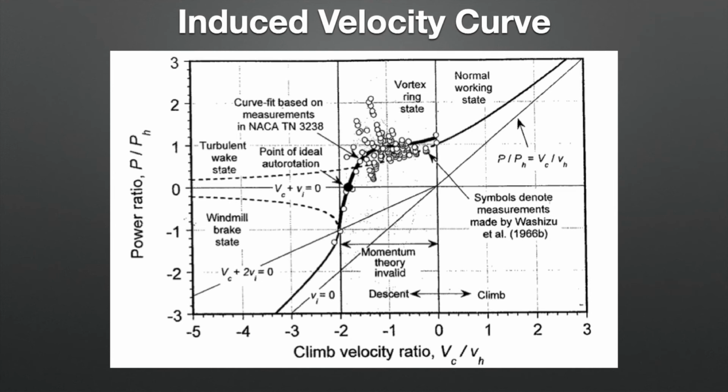This is called the normal working state of the rotor, with hovering condition as its lower limit. The branch of the induced velocity curve denoted by the broken line gives you the solution of the final Vi by Vh equation.